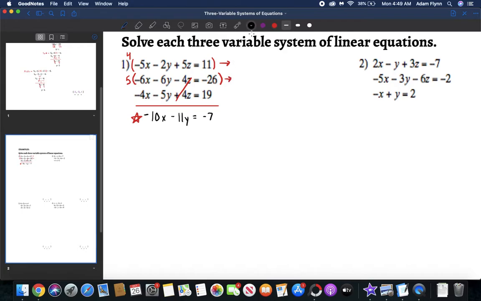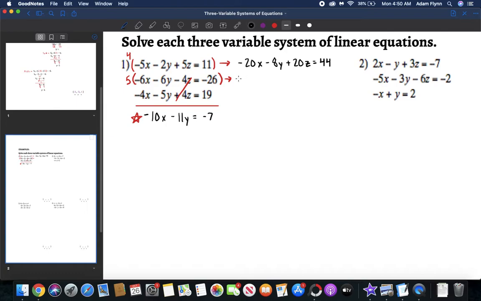So when I do that, I end up with negative 20x up top, minus 8y, plus 20z, equals 44.